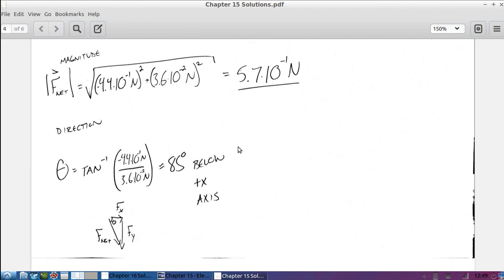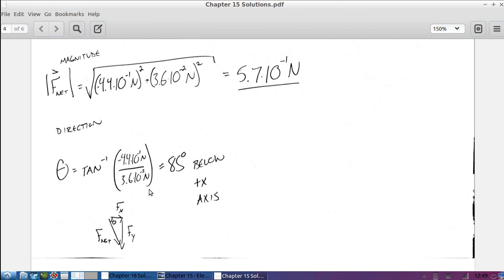I want the direction too. So I'm taking the inverse tangent of the y component over the x component. So I've got a negative y component, a positive x component. Your calculator's probably going to give you a negative sign. So in 120 we talked about how to interpret that.